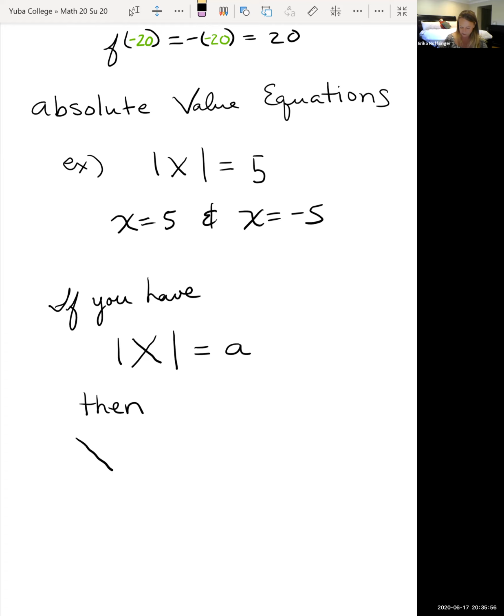Either whatever is inside that absolute value is equal to A, or whatever is inside that absolute value has to equal negative A.